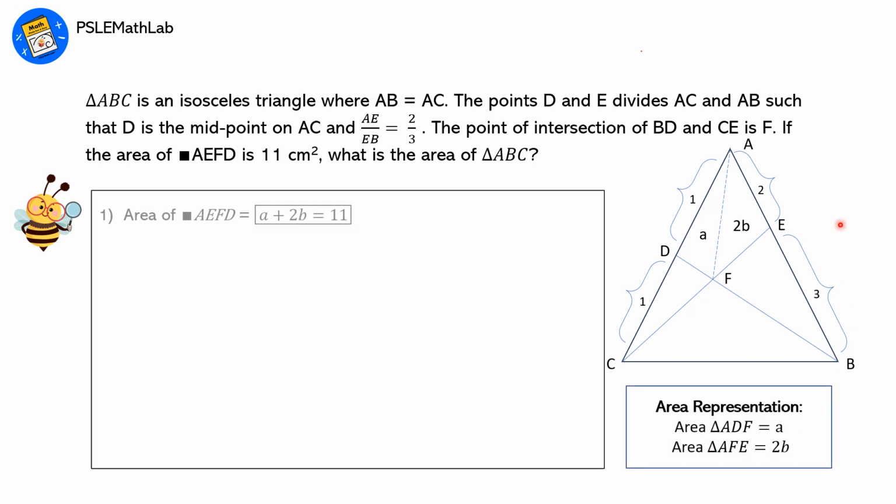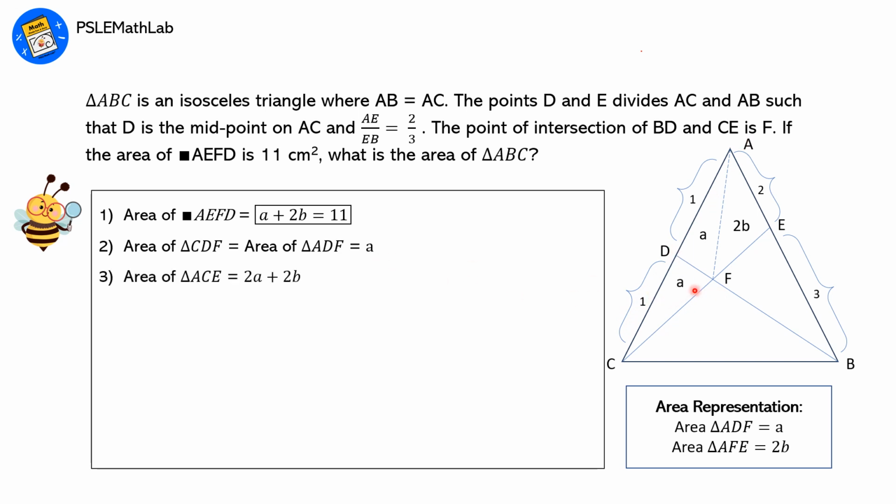So this is a summary. We can first represent the irregular shape AEFD as A plus 2B, which is 11. Next, the area of CDF is the same as the area of ADF, so this is also A. Now the area of ACE is 2A plus 2B.